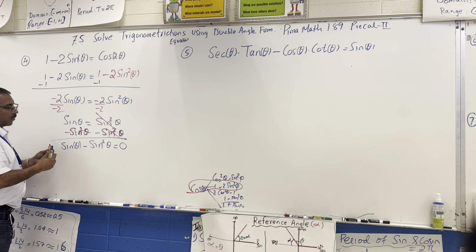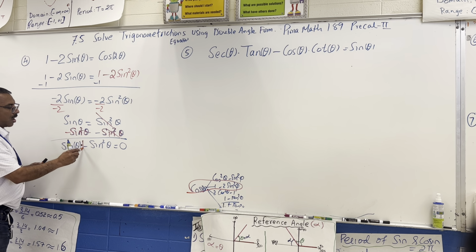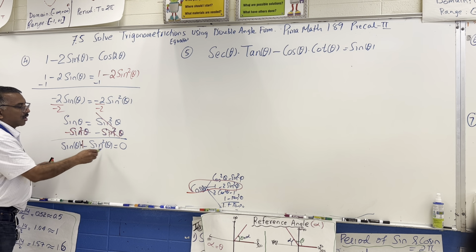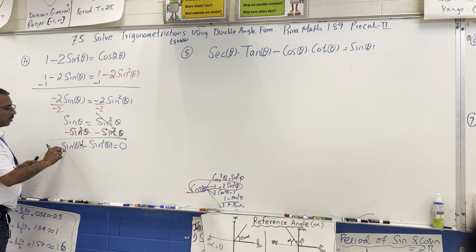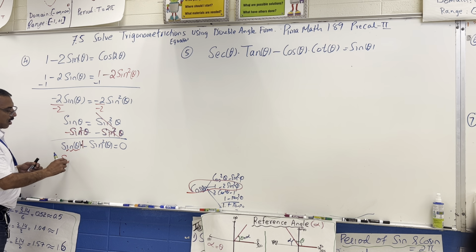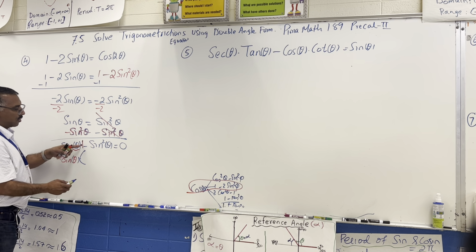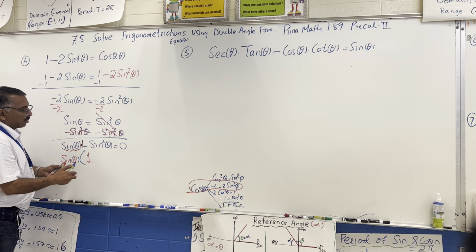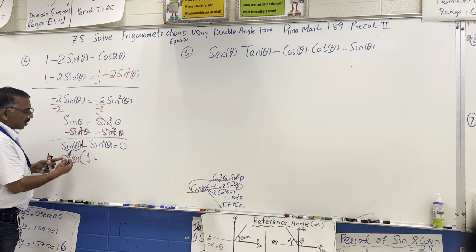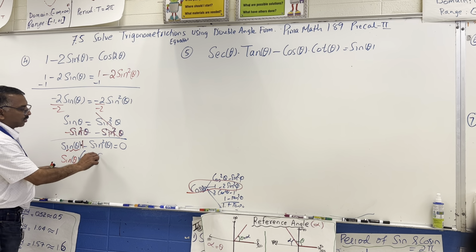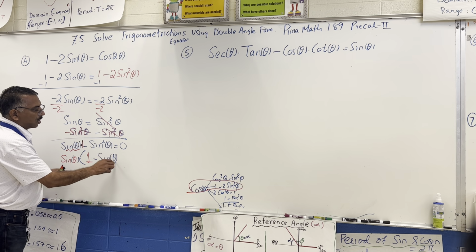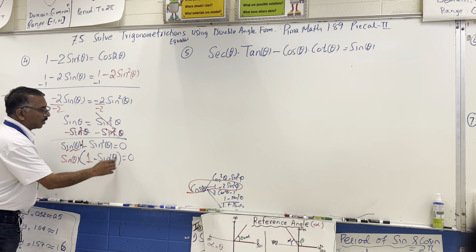This is times 1, and this is sine theta, so one of them can be pulled out. You can write it as sine theta, and what stays is the 1 minus, since one of the sine thetas is already pulled out. So what is left is sine theta. This whole thing equals 0.